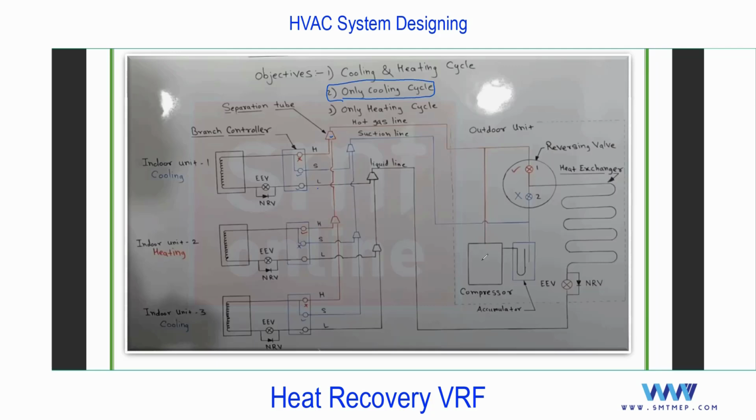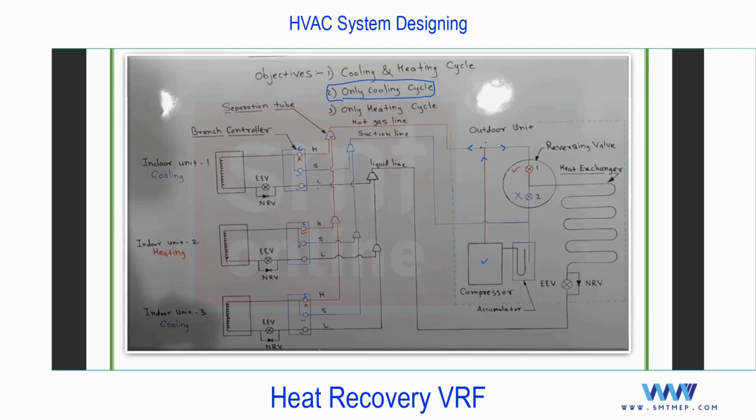You see, the cycle starts from the compressor, and the refrigerant flows in this direction. So the refrigerant can flow in the left direction as well as in the right direction. In only cooling mode, remember these valves are going to be in closed position. Close, close, and close. The red color represents the heat.